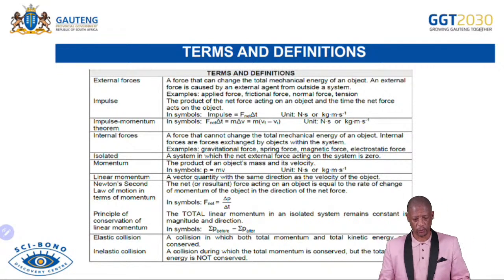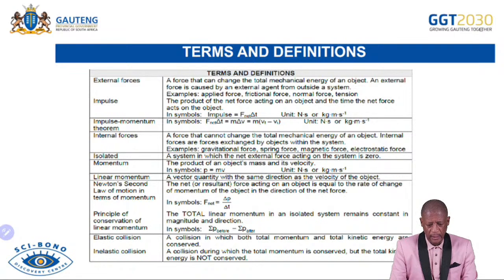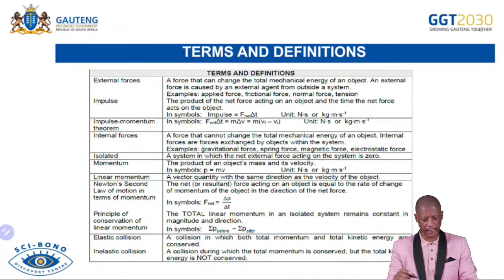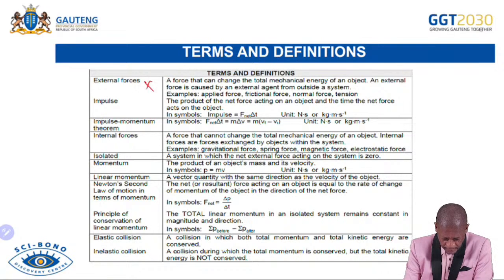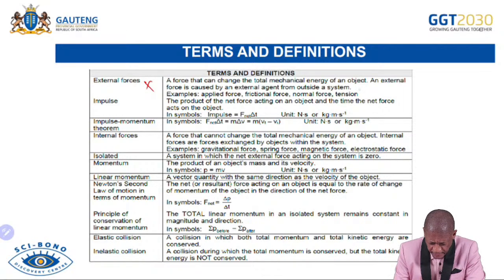revision, reminding you, right? Now, these are the terms and definitions for momentum that you need to know. Remember, we're talking about the external force. This is a definition for an external force: a force that can change the total mechanical energy of an object.